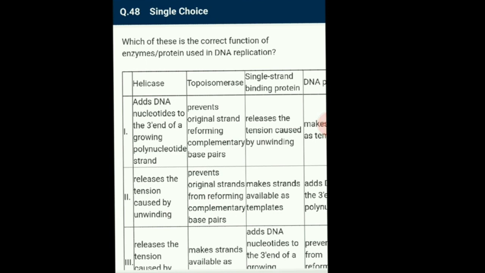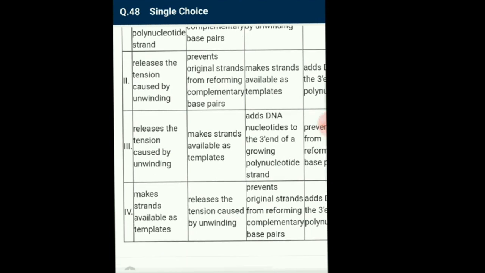Single strand binding protein coats the separated strands of DNA near the replication fork, preventing the strands from coming back together into a helix. Topoisomerase enzyme prevents the DNA double helix ahead of the replication fork from getting too tightly wound as DNA is opened up. So the answer for this question is the fourth one.